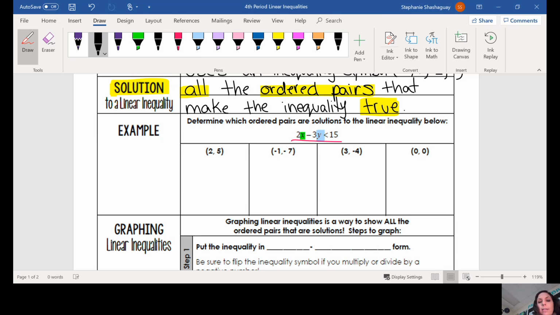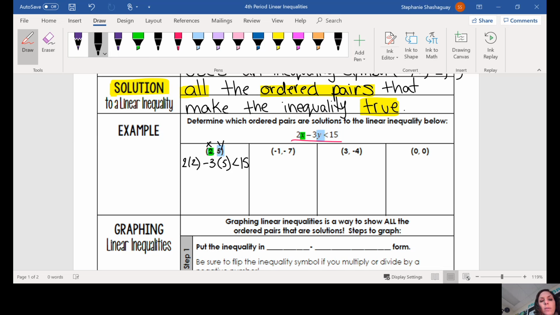So I'm going to take that x and that y, and I'm going to use the x and the y that they gave me in the ordered pair, and I just have to plug it in, and see if it's a true statement. So again, my x and y are my ordered pairs, so I'm just going to fill that in. So I'm going to have 2 multiplied by 2 minus 3 multiplied by 5, is that less than 15?